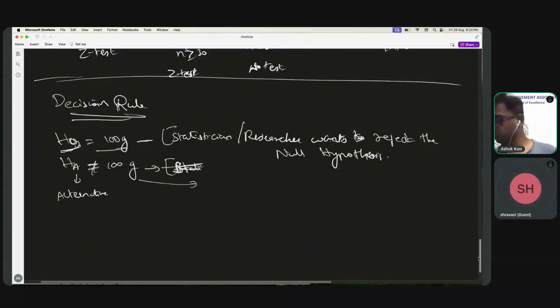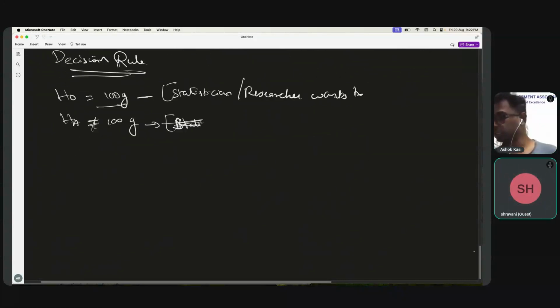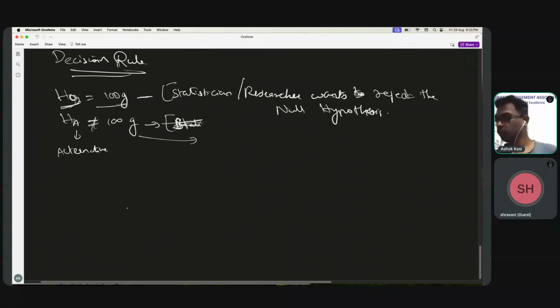Now when you try to do this experiment, you can come out with 4 outputs. One is, say for example, 100 gram is actually correct, and you did some sampling. You went to the shop and took some samples randomly, 30 plus Parle-G packets, and you weighed them. Say the average comes to 99 grams.